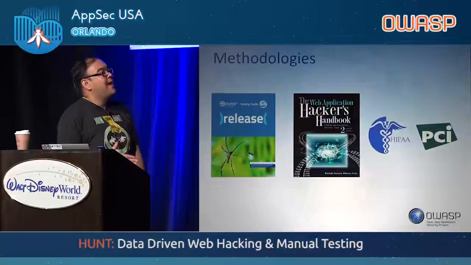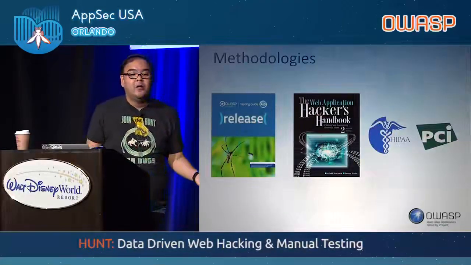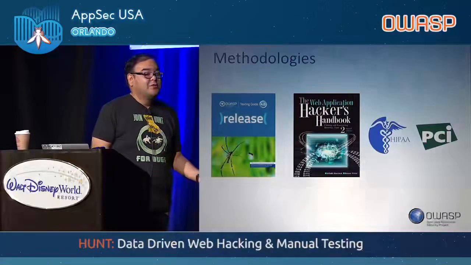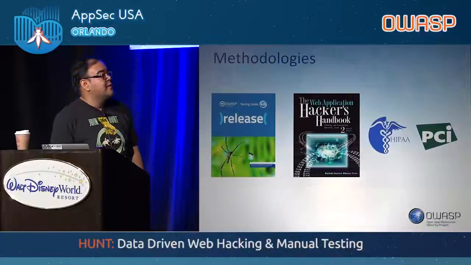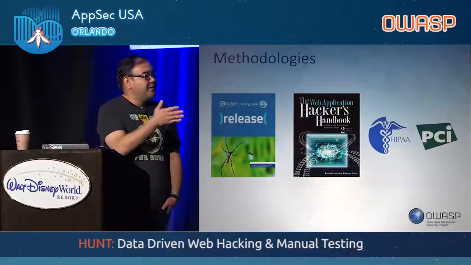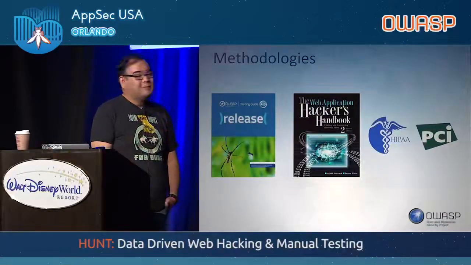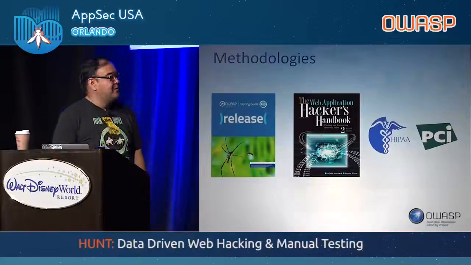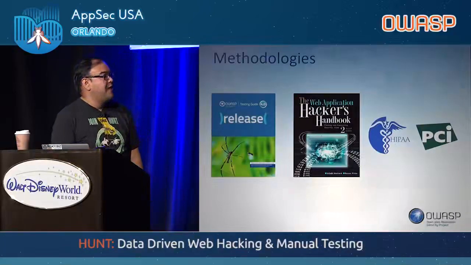Let's take a step back and talk about the methodologies that we all use as pen testers and as vulnerability assessors. Since we're here at AppSecUSA, obviously a lot of us probably use the OWASP testing guide. Some of us use the Web Application Hacker's Handbook, a definite classic.